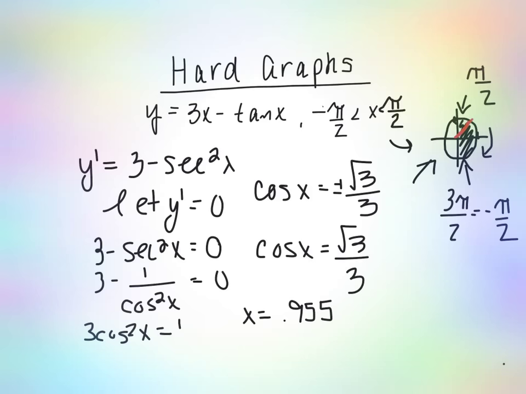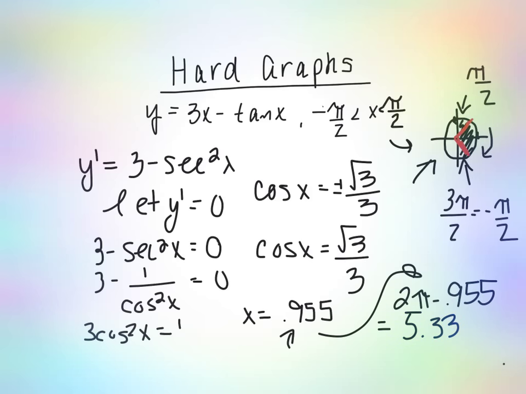But since your domain goes all the way down to the fourth quadrant, you also have to find what this point's going to be down here. So what you do is you take 2 pi and then you subtract 0.955 from that, which technically would give you around 5.33, but that's larger than the domain, so you have to express the 5.33 as a negative number, so just express that as negative 0.955.